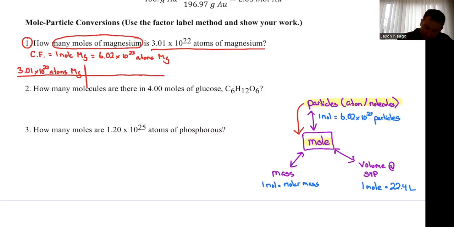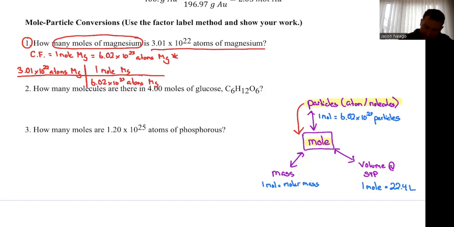So I want to have 6.02. I'm just applying this conversion factor. So 6.02 times 10 to the 23rd atoms of magnesium, and I'm going to have 1 mole of magnesium on top.